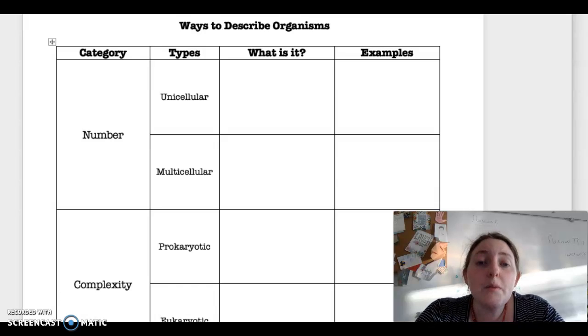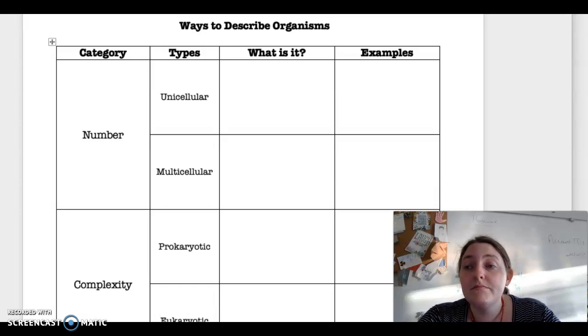So today we're going to be talking about how we classify and organize organisms. We as humans are very big into categorizing things. We like to put things in boxes and make checklists of how things are related to other things. And we do that in the world too, because we like to organize things.